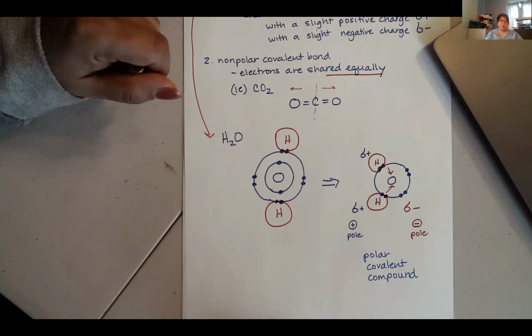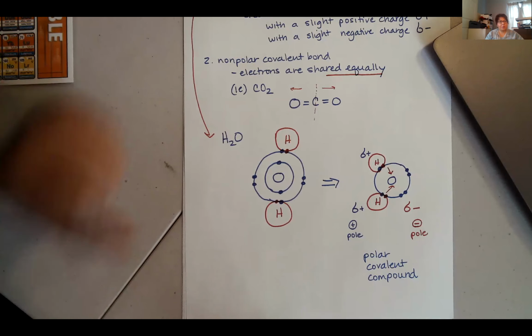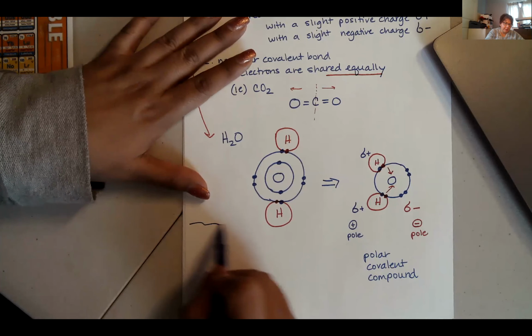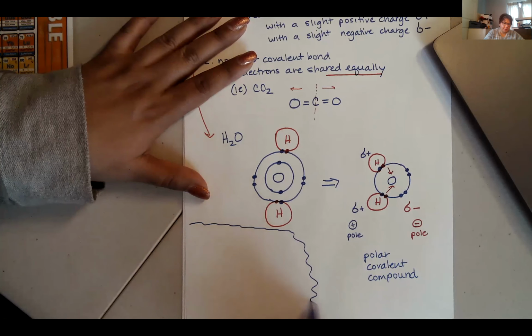Well, we're going to find out that a lot of what determines how things get in and out of the cell, whether it's easily brought into the cell or it's a little bit hard to get something into the cell, has to do with polarity. There's a little saying in chemistry, like dissolves like.